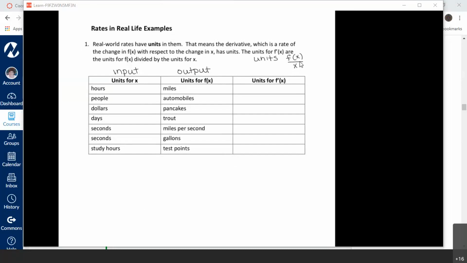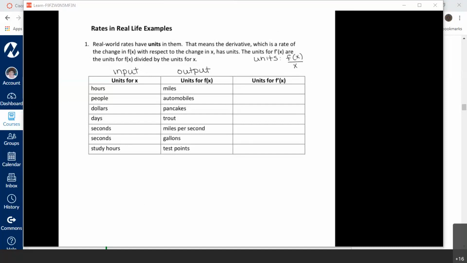And it's also the units that would go in that limit definition of the derivative. Remember, f of x plus h minus f of x on the top, and the difference of x plus h minus x on the bottom. So it's important to realize these are our rate units.